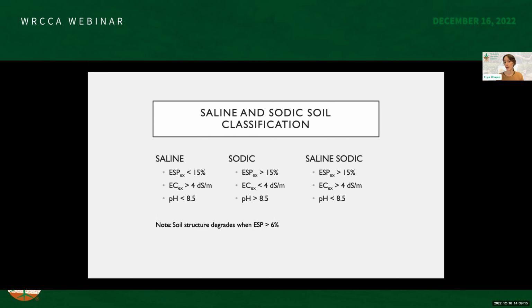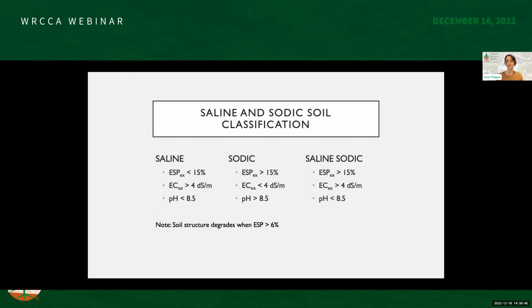A sodic soil has very bad structural problems. It's lost its porosity, its aggregation. It's very difficult to get water to penetrate into the soil and then to infiltrate and move laterally. And you've got a sodic soil if your ESP is above 15%, EC is less than 4, but pH is usually above 8.5 in this case.